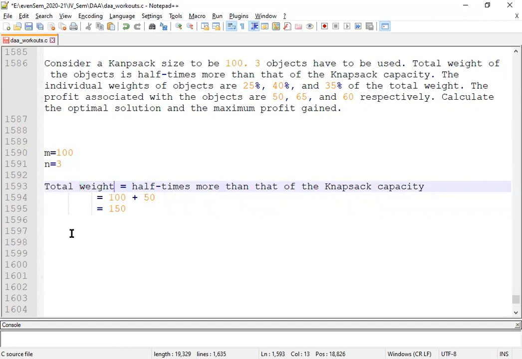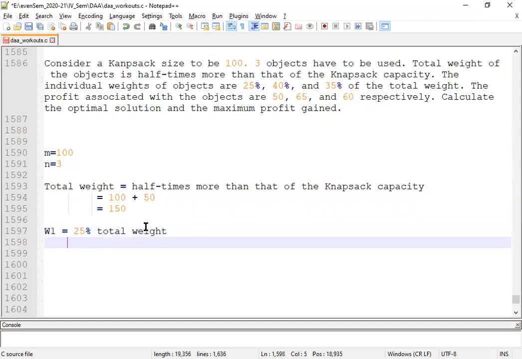Now let us calculate the first object's weight. Let me denote it as W1. So W1 is 25% of the total weight. So we need to compute here.